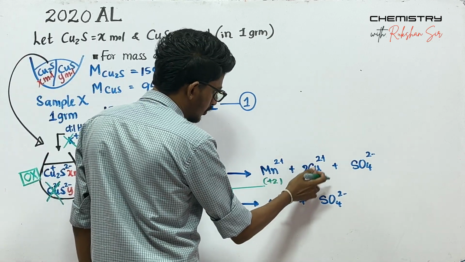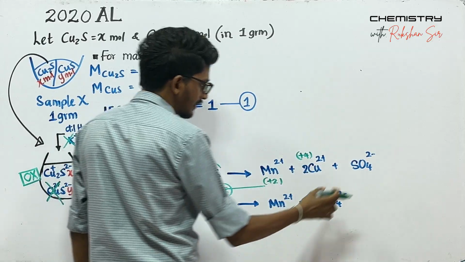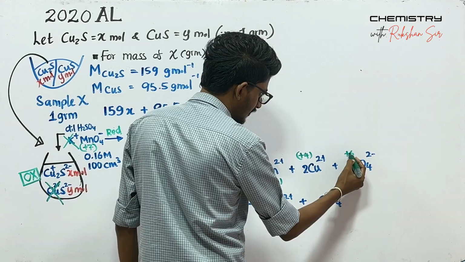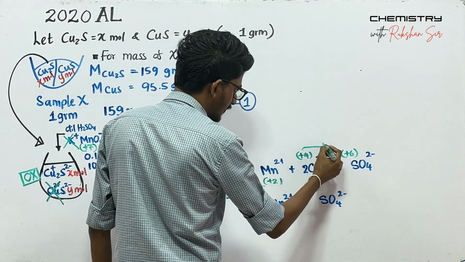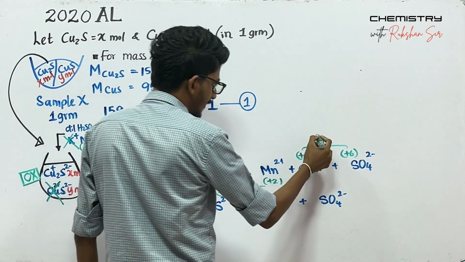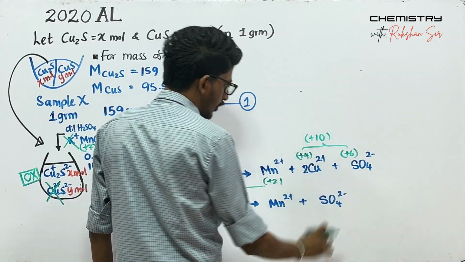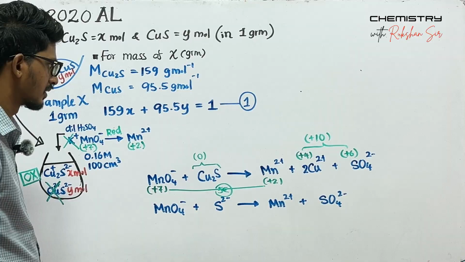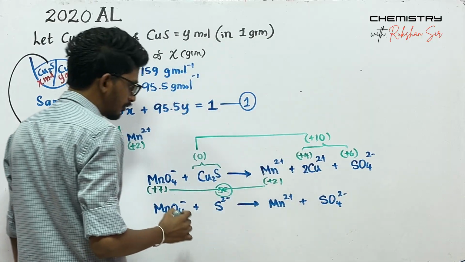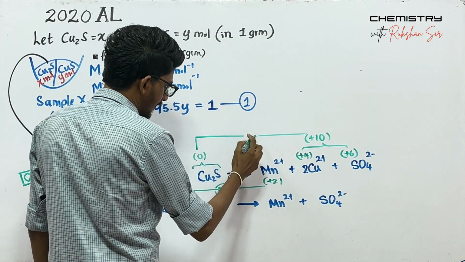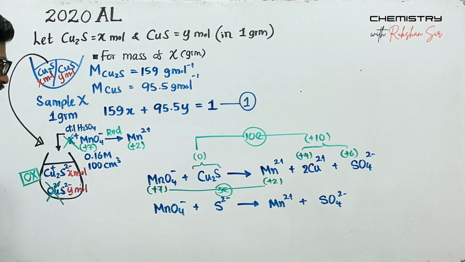So here you have 2 copper 2 pluses, so plus 4, and the sulfur here is carrying plus 6. The oxidation state of sulfur is plus 6. So altogether it is plus 10, the summation of oxidation states of copper and sulfur there. So you will see the difference of 10 units here, a 10 electron difference. So we need to balance this.